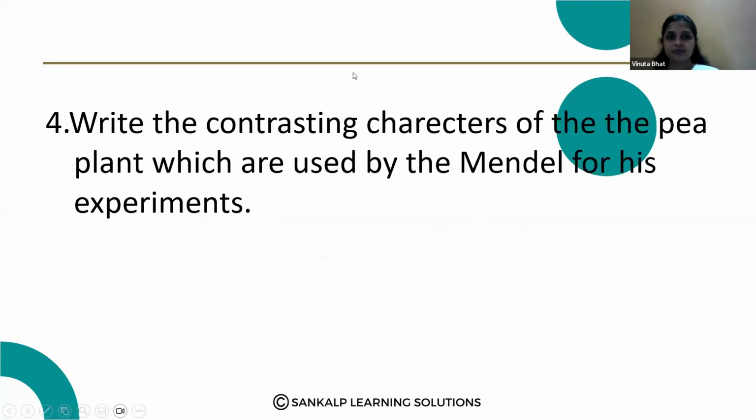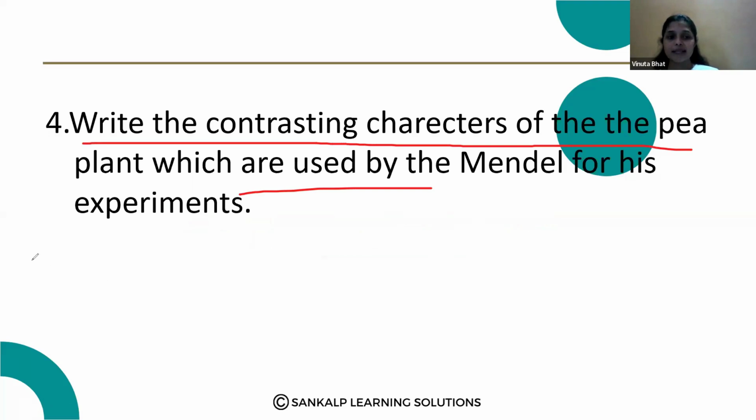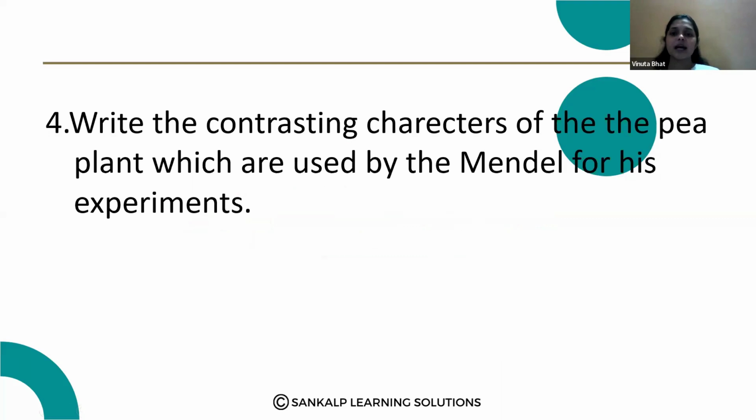Next question. Write the contrasting characters of the pea plant which are used by Mendel for his experiments. Please note down this question.